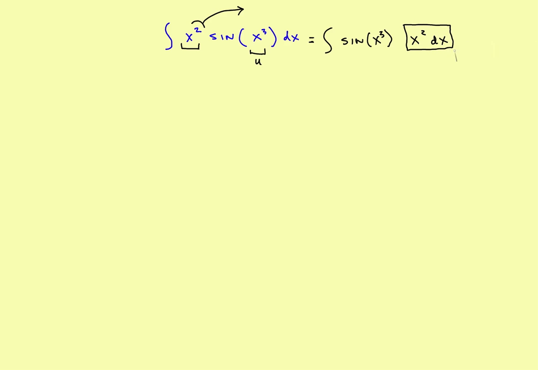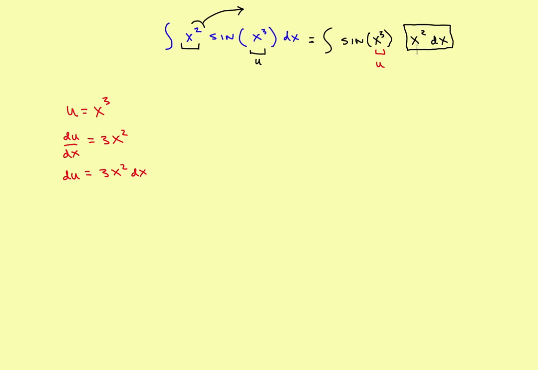Now my choice of u is the x cubed. So there is u. Okay, now just like you've done in the previous problems, we'll find the derivative of that. So u is equal to x cubed. Therefore, the derivative of u with respect to x is 3x squared, which means that the differential of u would be equal to 3x squared dx.